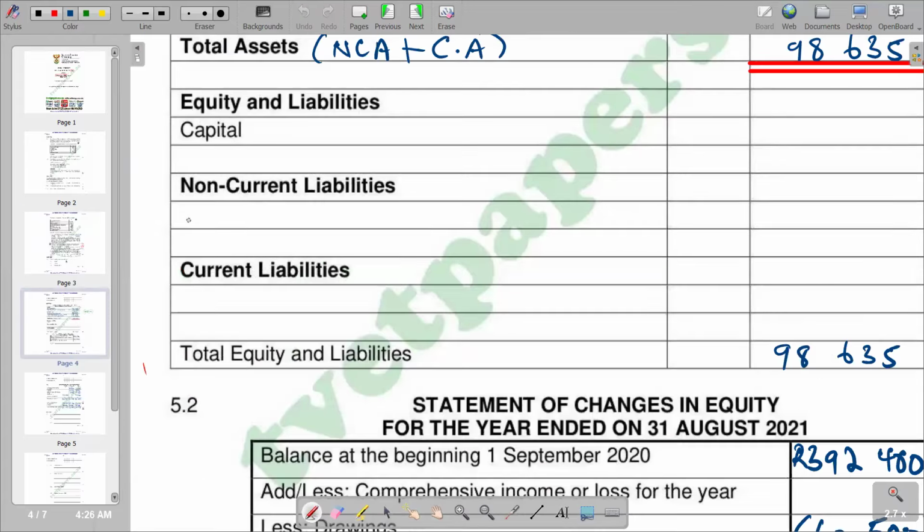So we come here. We are now saying mortgage bonds, and we've found it is 225,000. So we say 225,000.